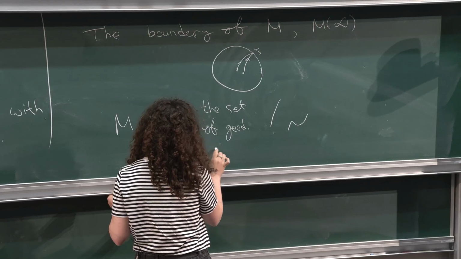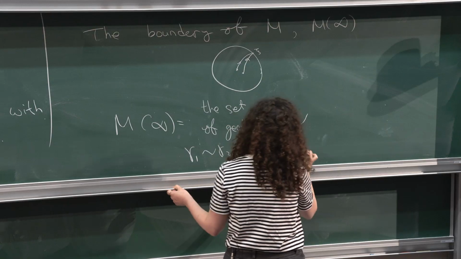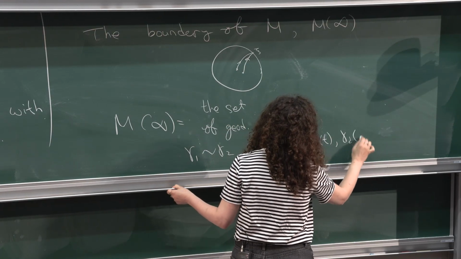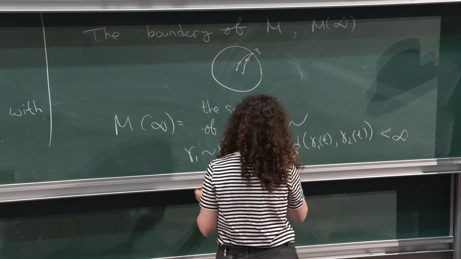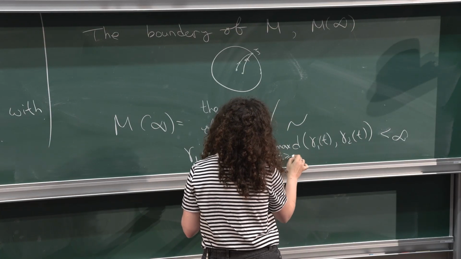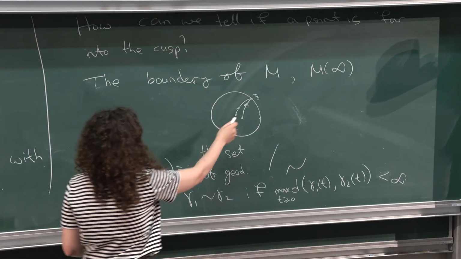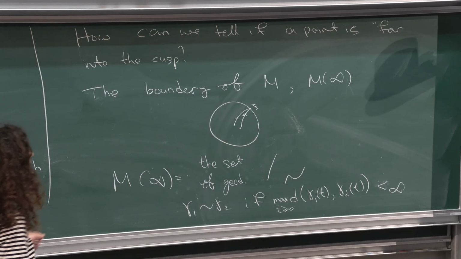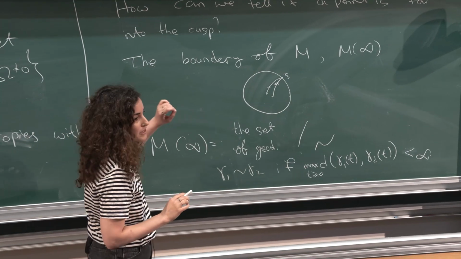So gamma 1 is equivalent to gamma 2 if the distance between them always stays bounded. So we can look at orbit, and then we can identify the boundary with these ends of geodesics. Okay. Any questions?